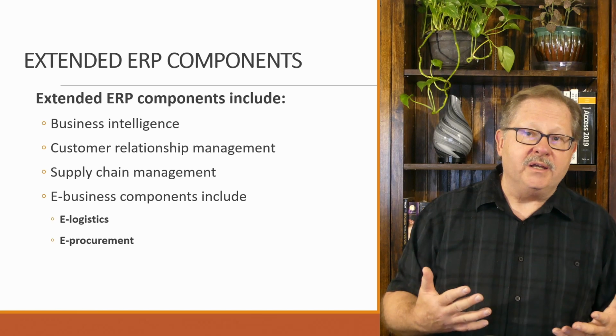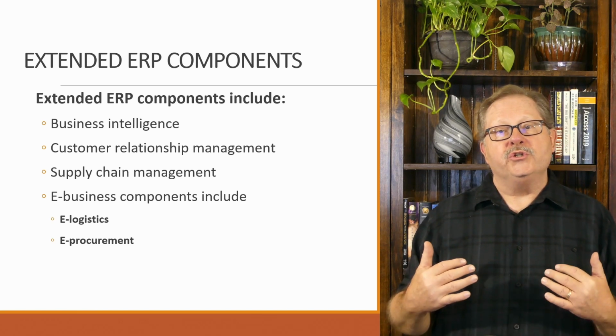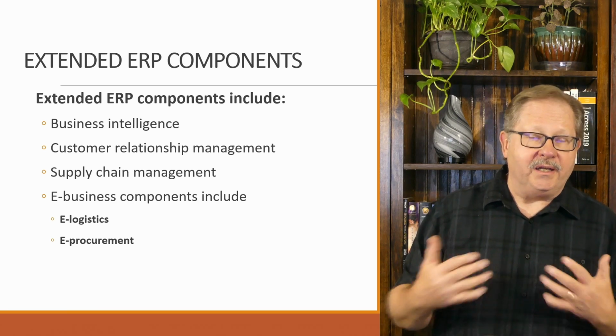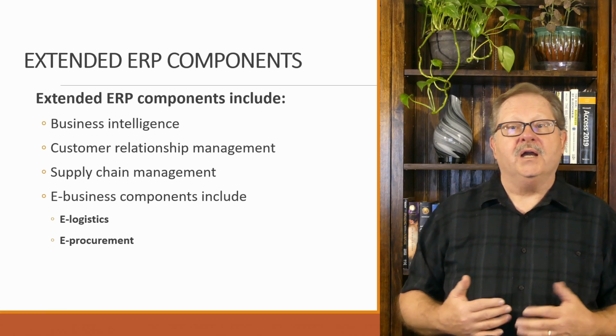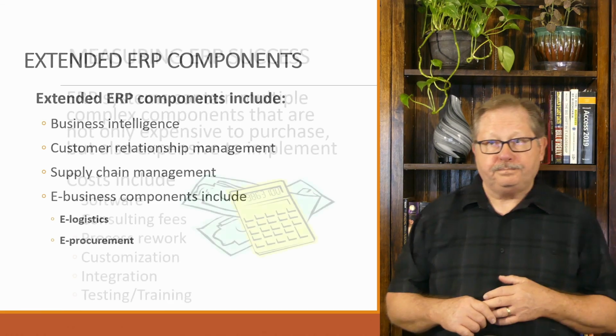So those other extended pieces are always part of an ERP package, so that you can get the data out of the system and get good quality information coming back to the executives to make strategic decisions.